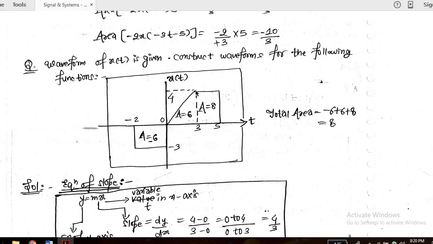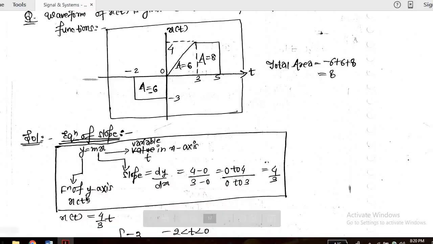If you consider this point, its coordinates are 3, 4. If you consider this point, its coordinates are 0, 0. So slope means change in y by change in x, that is plus 4 by 3. So this line equation will be 4 by 3t. So for 0 less than t less than 3, x of t is equal to 4 by 3t. For 3 less than t less than 5, x of t is equal to 4.